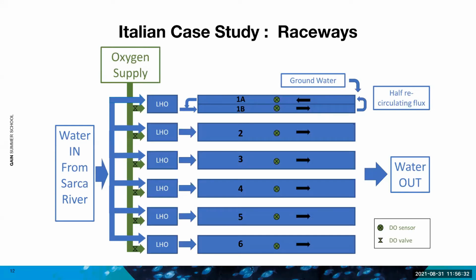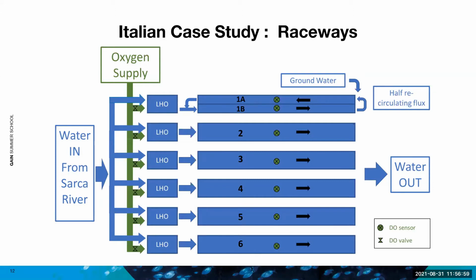A schema of the farm. So as I said before, you've got the water coming from the river. You've also got, in one of the raceways, the first one, some groundwater, but it's not the main part of the water supply, along with the recirculation.